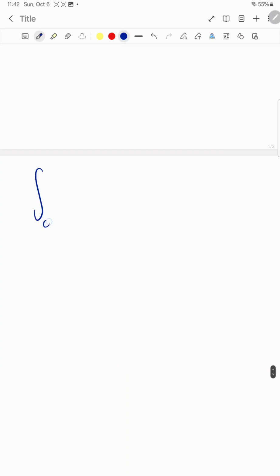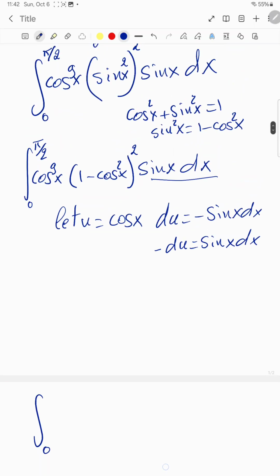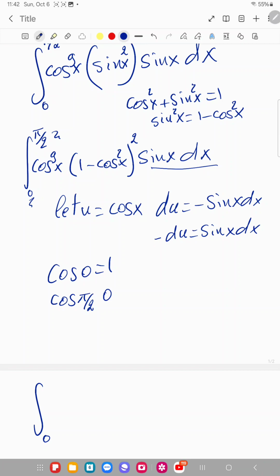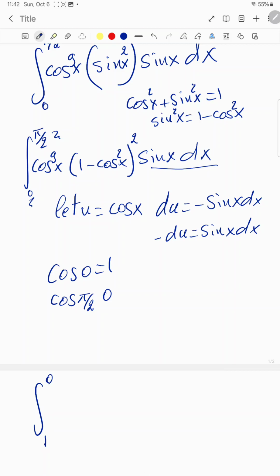Because I have changed the cosine to u, I have to calculate the boundaries here. I know that cosine of 0 is equal to 1 and cosine of pi over 2 is equal to 0. So instead of 0, I can put 1, and instead of pi over 2, I put 0.